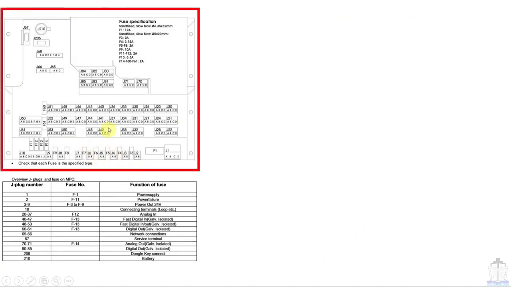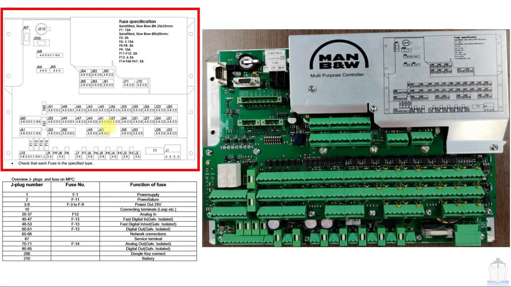This is the MPC specification plate. Here the same thing on MPC. So this specification plate basically tells about the position of channels, where they are located, and about fuses. It also tells about the rating of the fuses. You can see here that F1 is 12 ampere, F5 to F8 2 ampere, like that.